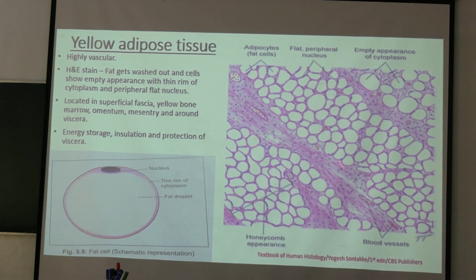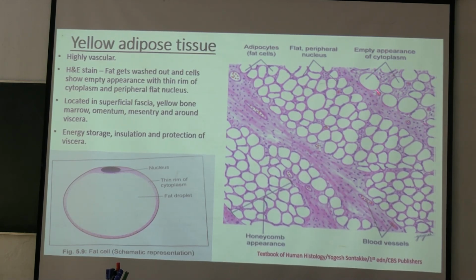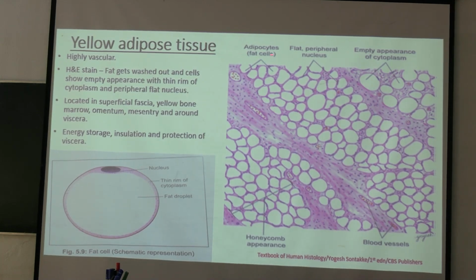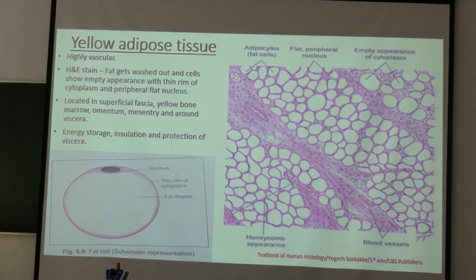And these are the stroma. Stroma is dividing it into different lobules, and stroma contains section of this blood vessels. Okay, so empty appearance of the cytoplasm, fat globule is washed out, flat peripherally placed nuclei, and adipocytes, these are the fat cells, are located in groups.